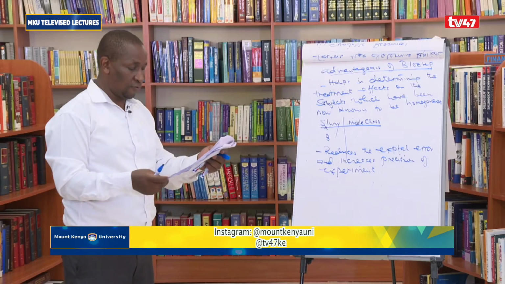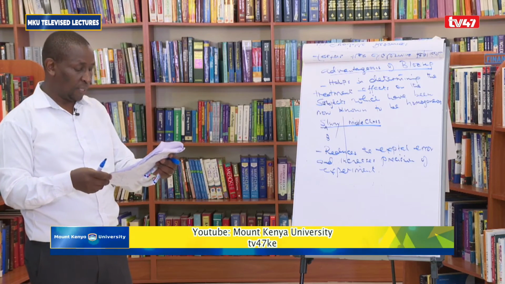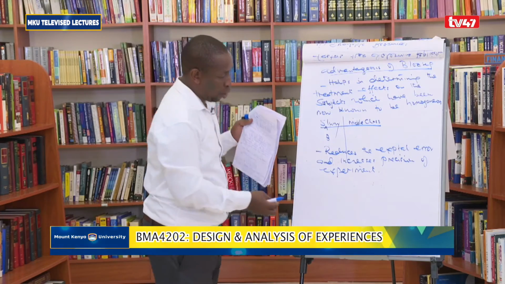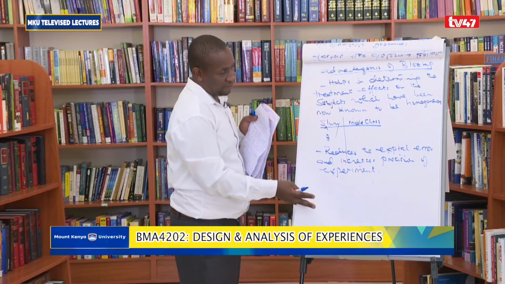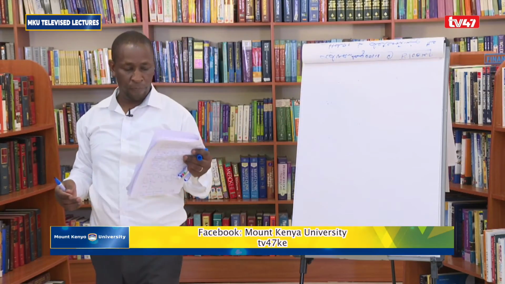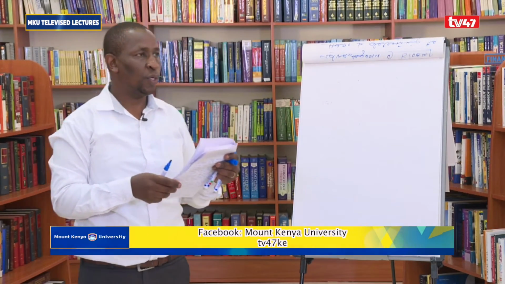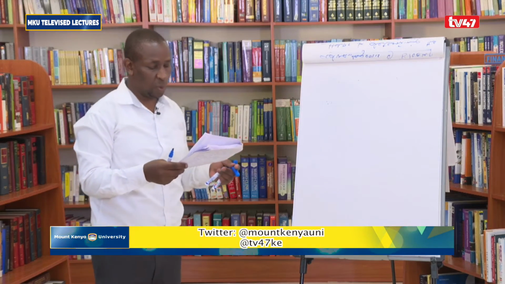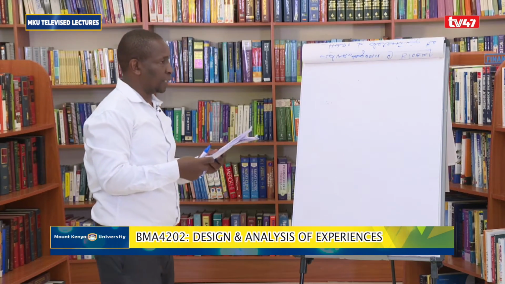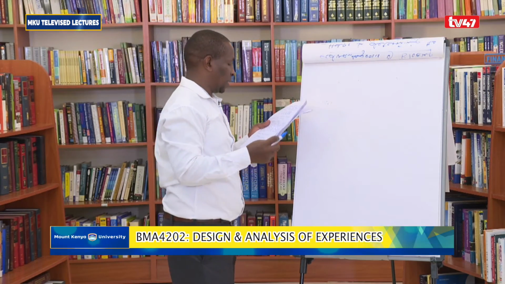I want to give a small example of why we need to do some blocking and how we do it when we have a large piece of land and several experimental materials or treatments that we want to apply, and then how we come up with the blocks.